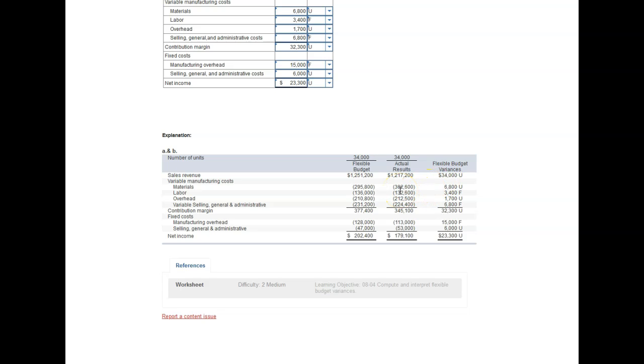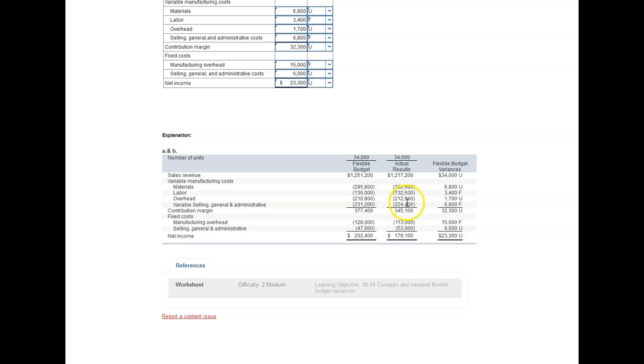Let's look at variable cost first. Your actual cost here for materials at that level is more than what the budget called for. So you incurred more cost than you should have at this level. That's unfavorable. Whenever you incur more cost, that's unfavorable. Whenever you're short of revenue than expected, that's unfavorable.